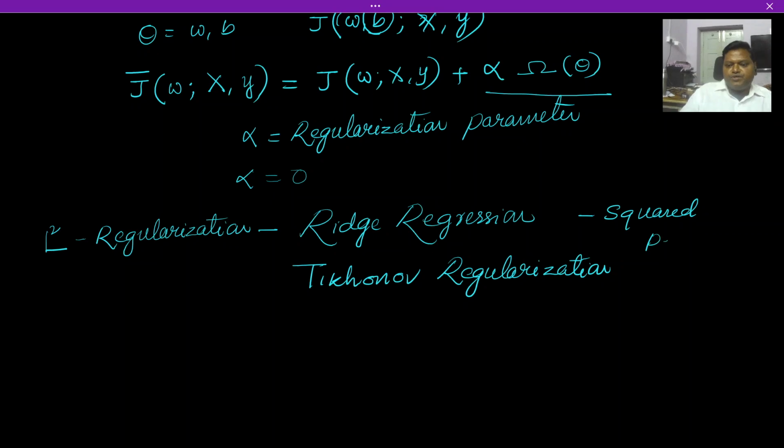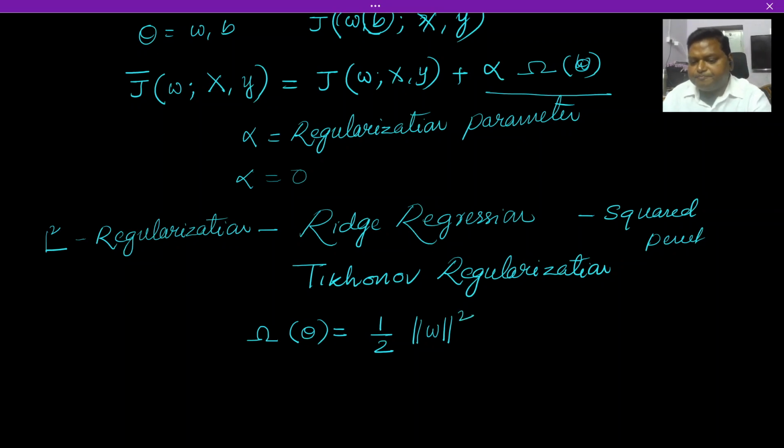So here in the L2 norm, we define this omega of theta, or W, as half the weights squared, the squared penalty.